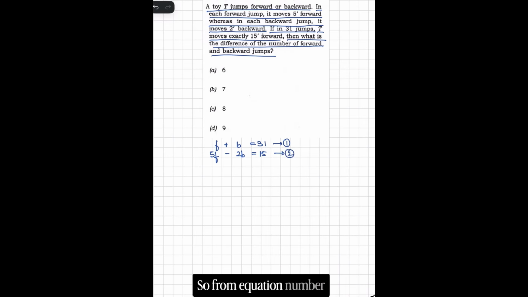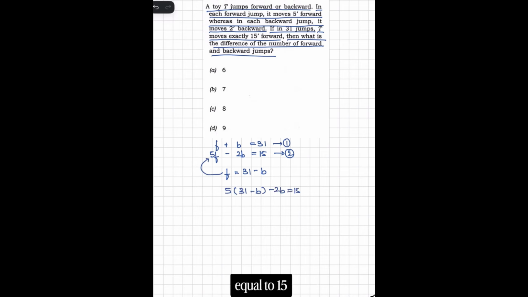So from equation number 1, we get F as 31 minus B. Now substituting this value into the second equation, we get 5 into 31 minus B minus 2B is equal to 15. 155 minus 5B minus 2B is equal to 15. 140 minus 7B is equal to 0. 7B is equal to 140.